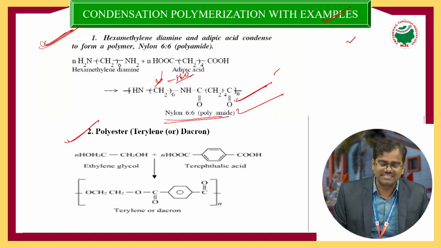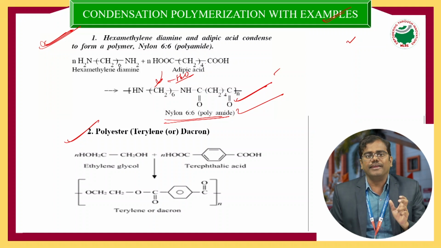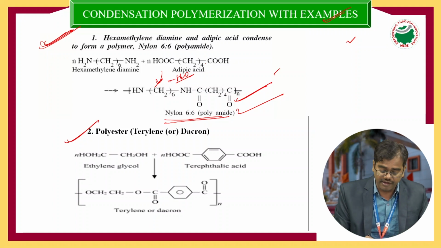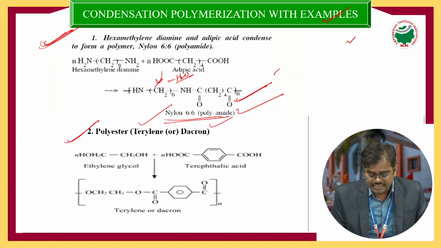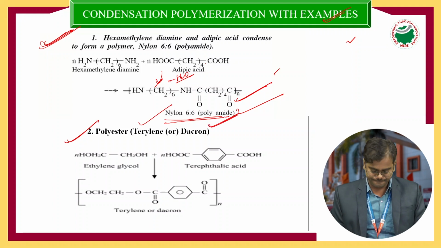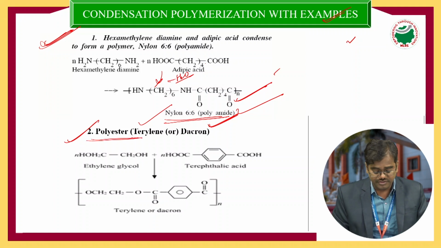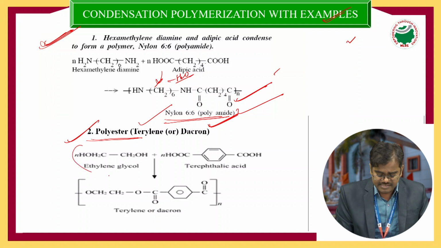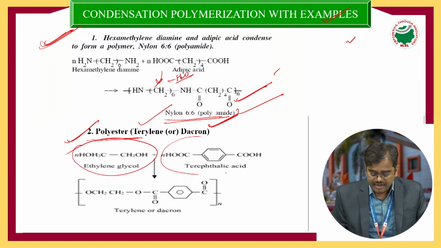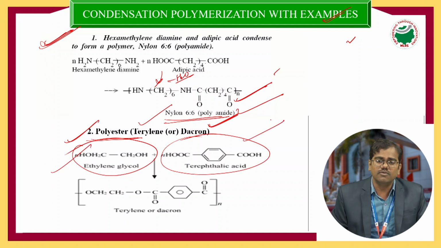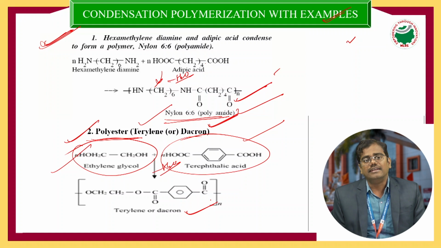That's why polyester polymers are mostly used in the textile industry for making polyester cloths, and it is also called sterilene, and another name for this is dacron. For the preparation of polyester we also use two different types of monomers: ethylene glycol and terephthalic acid. These undergo condensation polymerization by the elimination of water molecules, and finally lead to the formation of sterilene or dacron.